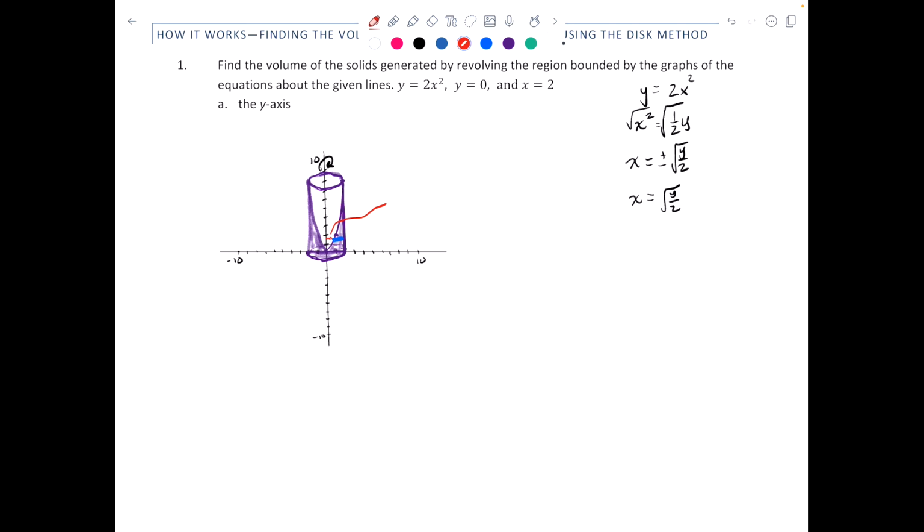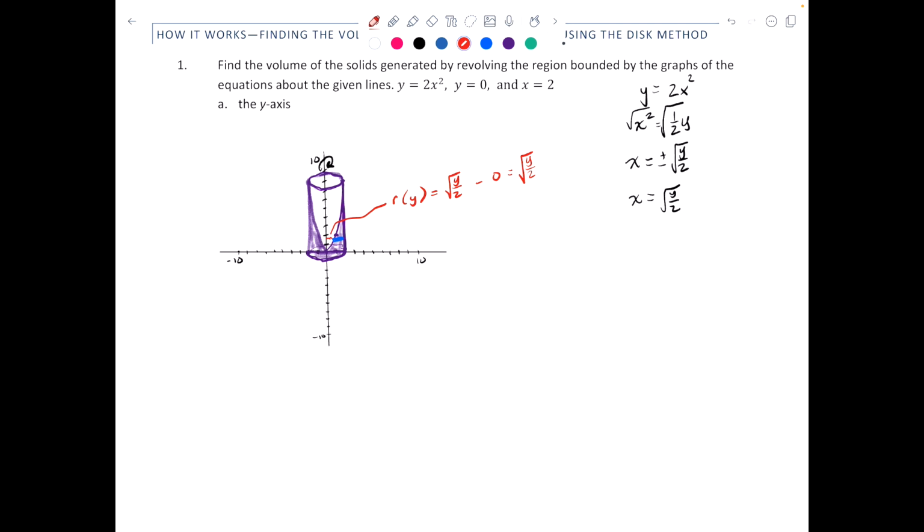So these are in terms of y. So the inner radius, r of y, is going to be root y over 2. And if you want, you could say minus 0, which is just root y over 2.